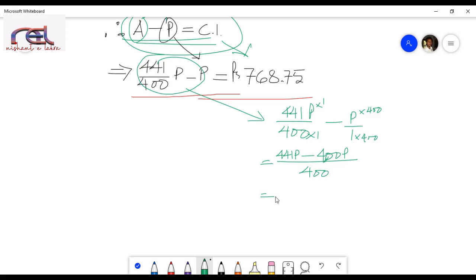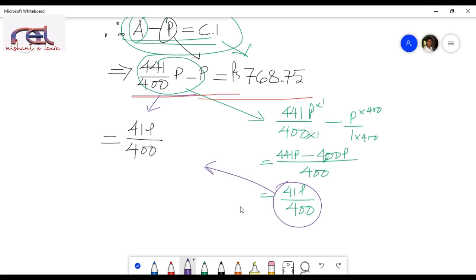Now we will subtract it. 441P minus 400P will be how much? 41P. So 441P minus 400P is 41P divided by 400, and that is why we will write this fraction in place of 441 by 400 P minus P. I hope you understand this, 41P by 400.